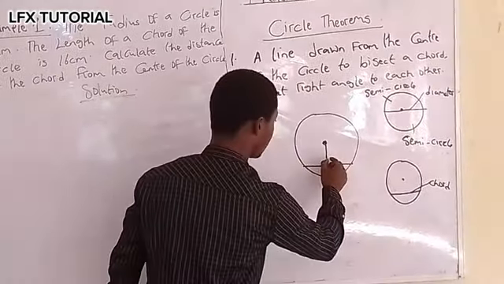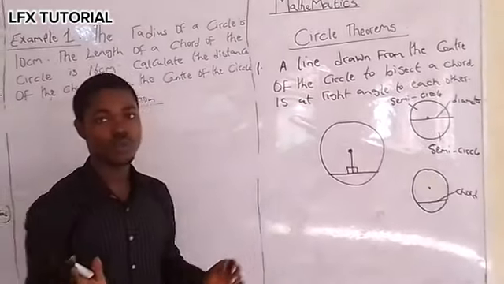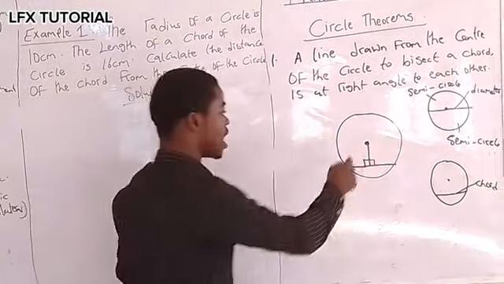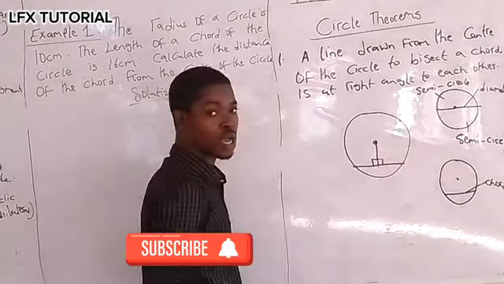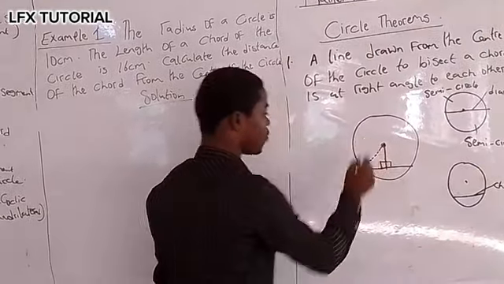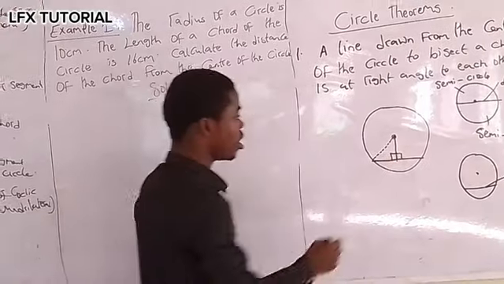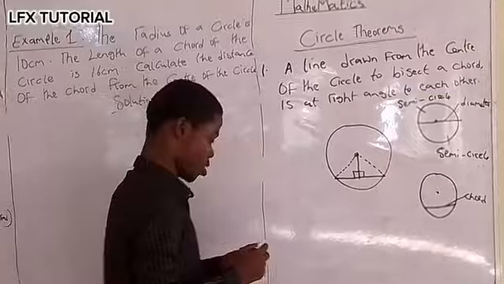It means this place is 90 degrees and this place is 90 degrees. So that's everything about the theorem. Any line that comes from the center of the circle to bisect a chord is at right angle to each other. So I can join these places together so that I'll have a right angle triangle, and I can also join this place together so that I'll have a right angle triangle.